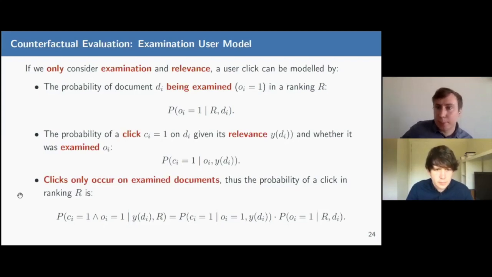This implies we can write the probability of a click, C_i equals 1, and the document being observed, O_i equals 1, conditioned on the relevance and the ranking displayed, and decompose it into two probabilities. The first is the click probability given that the document has been examined. The second is the probability of it being examined at all. That's how we decompose this probability.